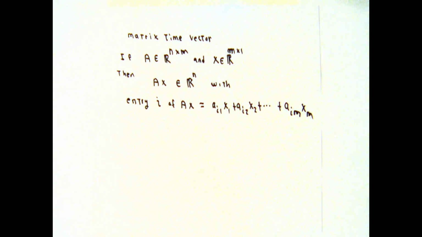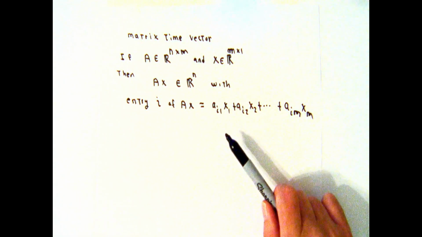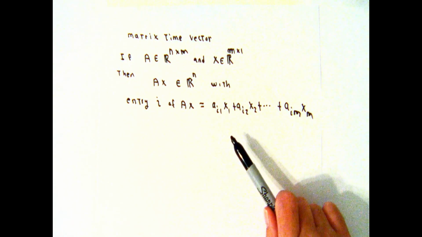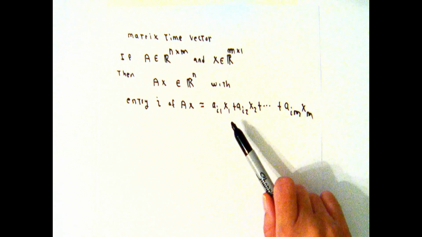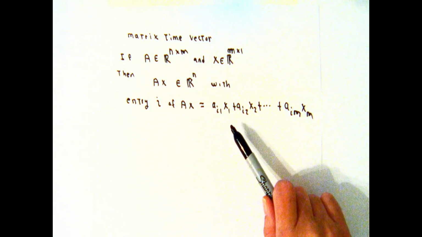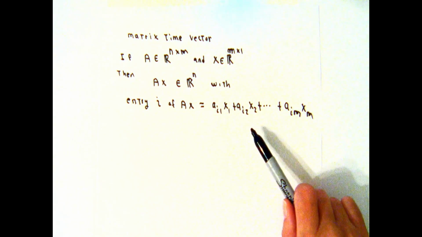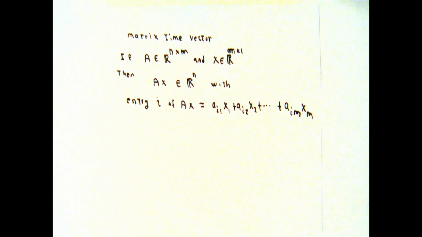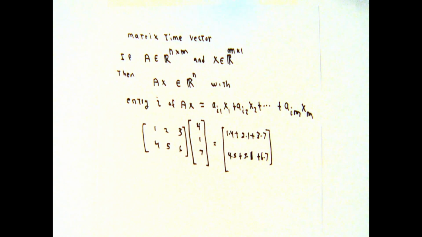Entry number i of A times X is done this way: I take a number out of the ith row of matrix A, multiply it by the corresponding component of the column X, then do the same for the second component, and continue until I've added them all up. That is to say, it's done in this manner.